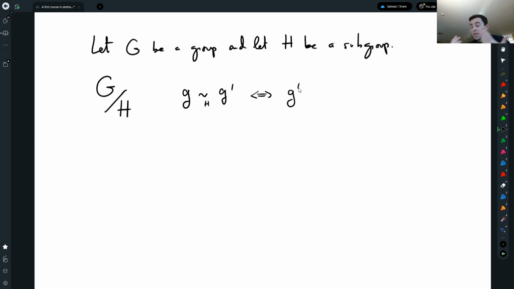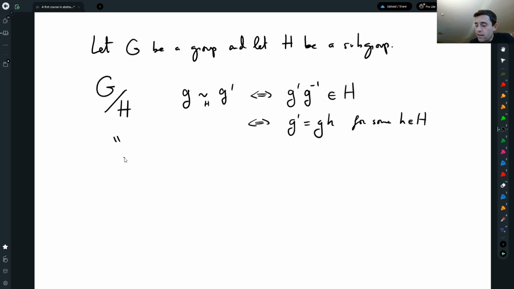So in this case, we have a multiplication. So g inverse g prime is in H, which means that g prime is g times h for some h in H. And what that means is that the equivalence class of g is actually the coset gH.